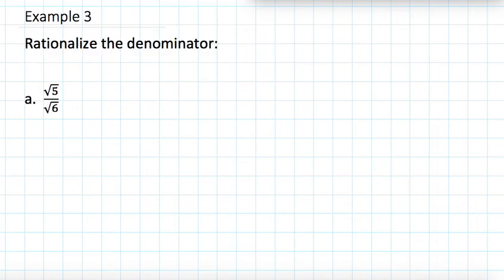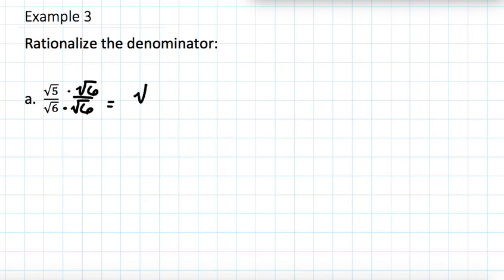Next, we're going to look at example 3, and we're just going to look at part A. Rationalize the denominator, and it's the square root of 5 over the square root of 6. So I'm going to multiply the top and bottom by whatever square root is in the denominator. So in this case, it's going to be multiply by square root of 6.